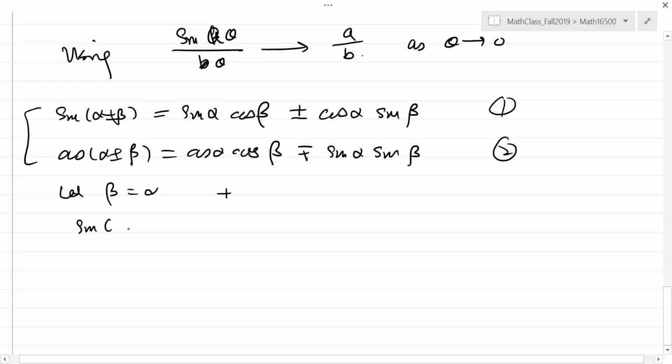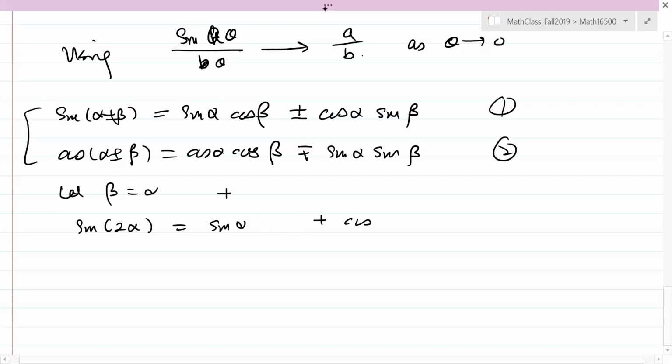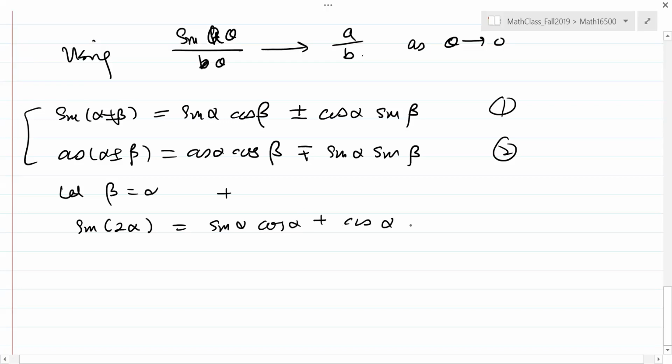You get sine 2 alpha, which equals sine alpha cosine alpha plus cosine alpha sine alpha, so it's twice sine alpha cosine alpha.